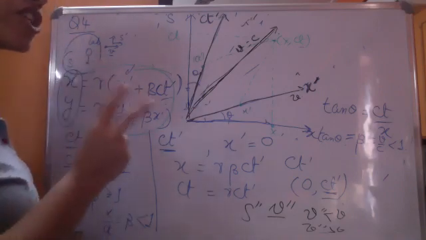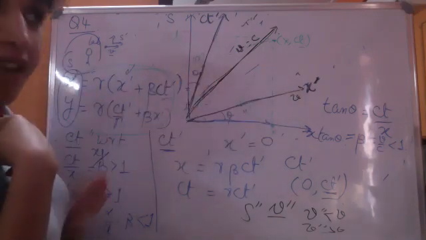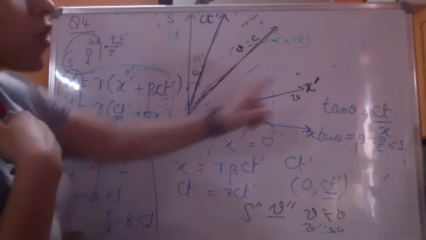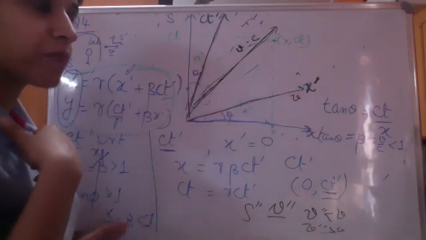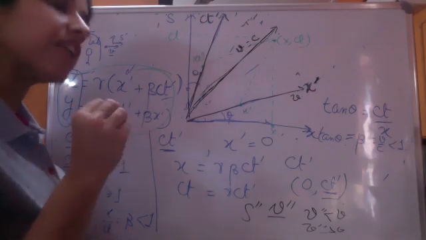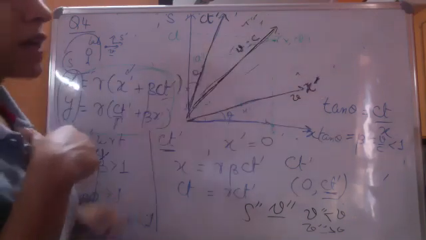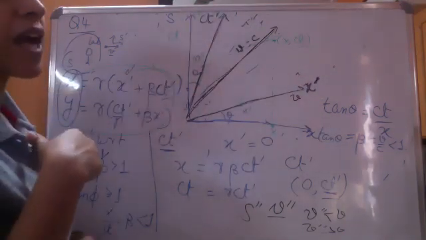Now I am interested in two particular initial conditions: one that corresponds to the x prime axis and the other that corresponds to the ct prime axis. I can visualize the x prime axis as something where my particle started with x prime at time t prime equal to 0 and remains on x prime. This represents the ct prime axis.